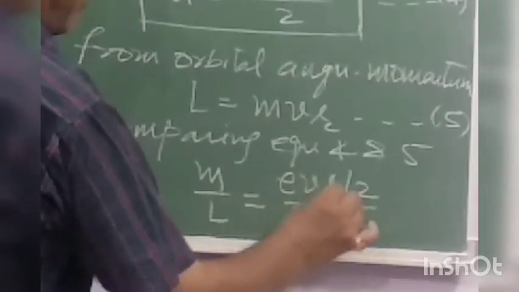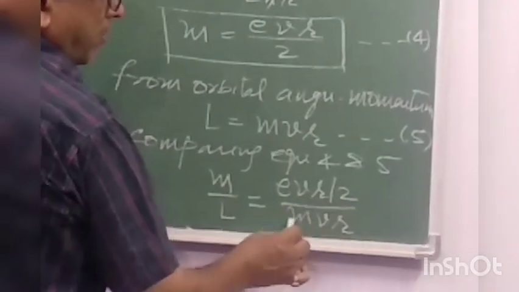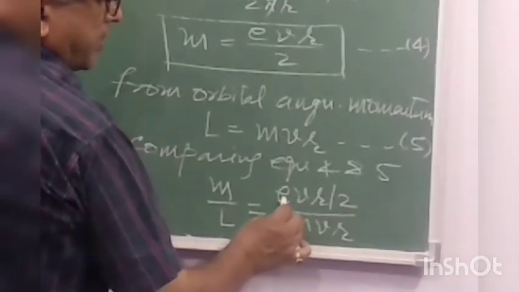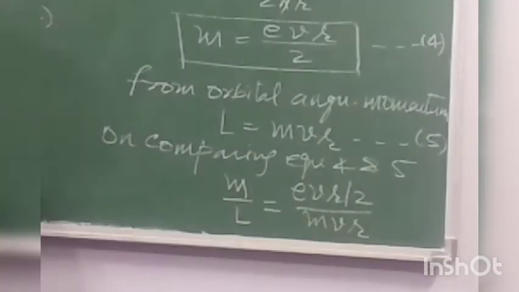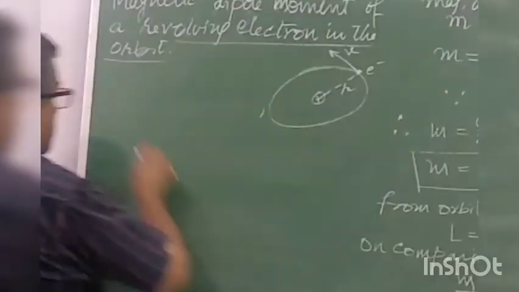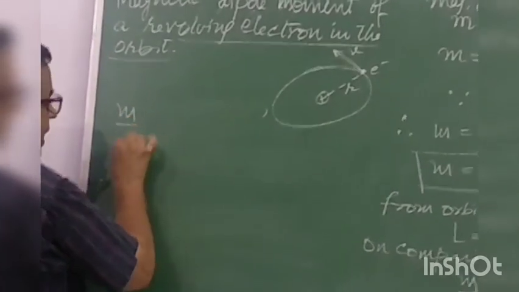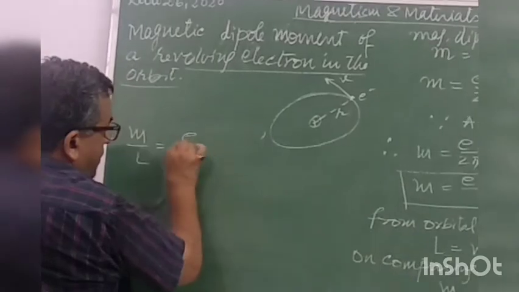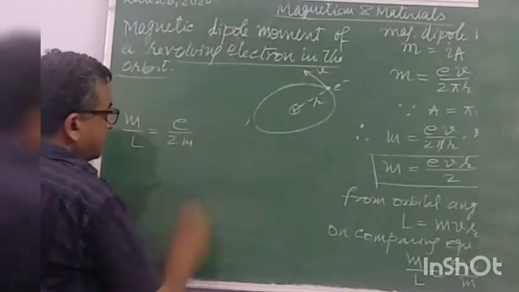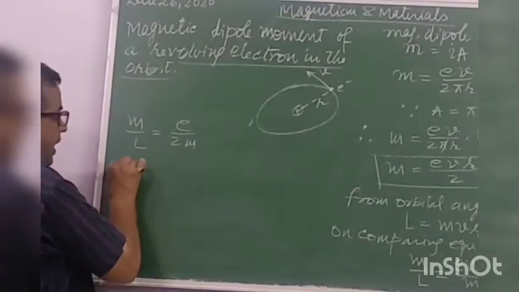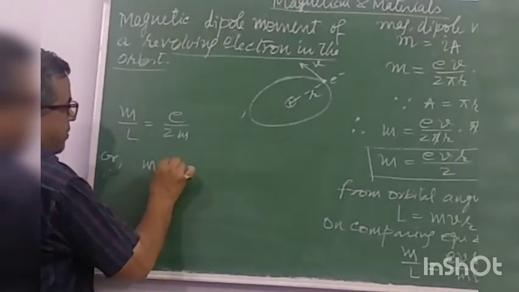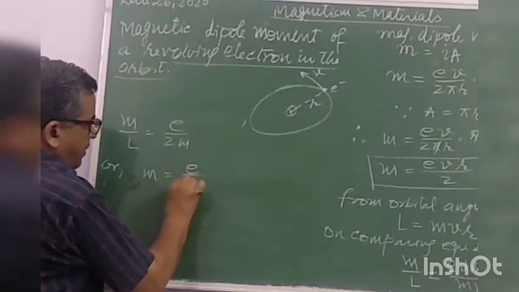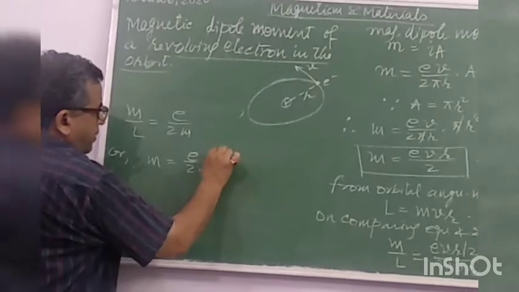So this vr will cancel and this 2 will go this side, so it is e upon 2m. So M upon L is e upon 2m, or we can write M equals to e upon 2m into L.